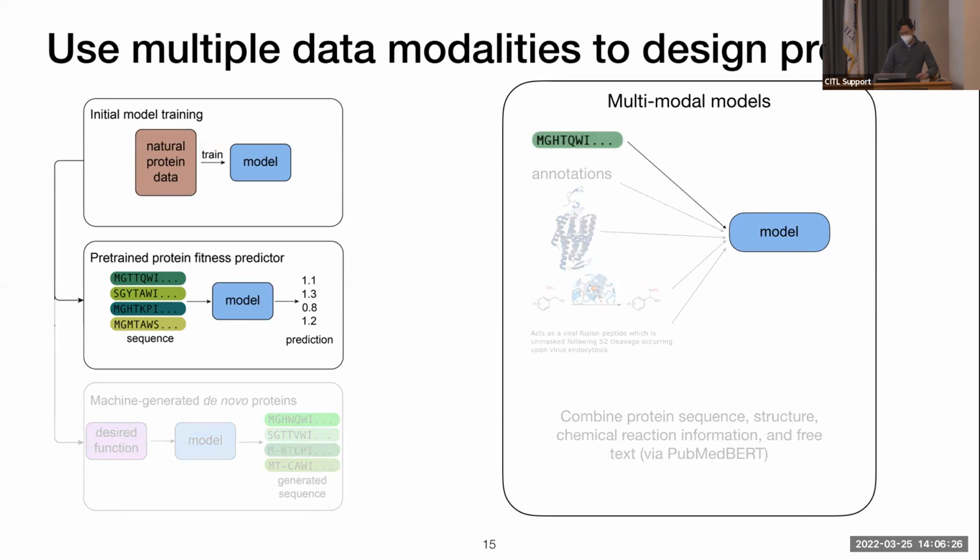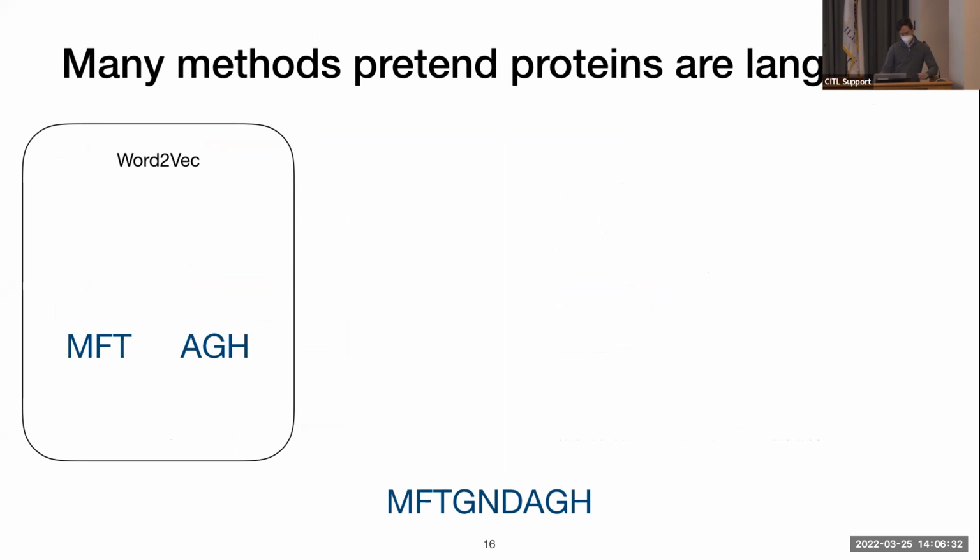So let's walk through a simple case of pre-training with just sequence to see how this might work. Early on, by early on, I mean in like 2016, a lot of methods we just borrowed from natural language processing. For example, me and some other people have papers where we basically use word2vec.